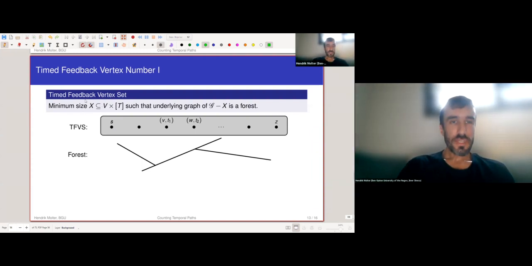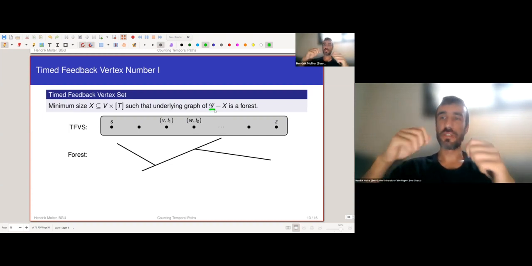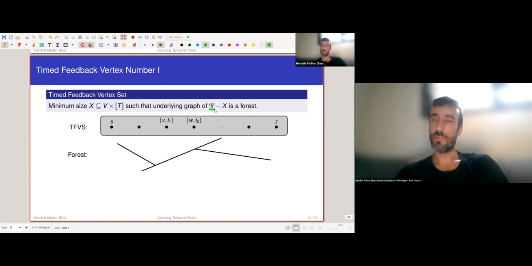The minimum time feedback vertex set is the minimum size set X of vertex appearances, so vertex-time pairs, such that if they are removed from the graph, which means that I remove all incident edges of that vertex appearance that have the same label as the vertex appearance, then what remains is a forest.